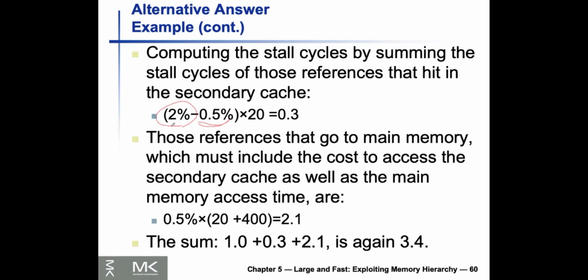And we know that 0.5% of the time, the whole system globally misses. So that would lead us to the difference between these two, multiplied by the access time for L2. And this will give us the hit rate for L2, the miss rate for L2, right?